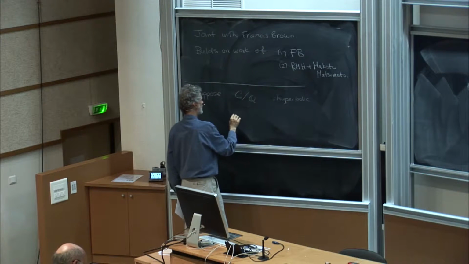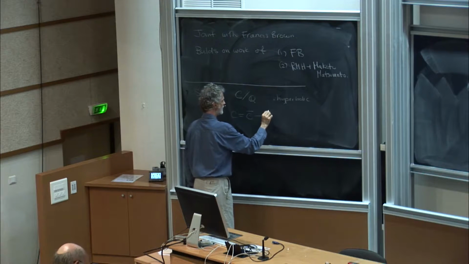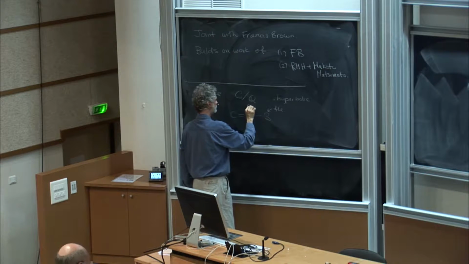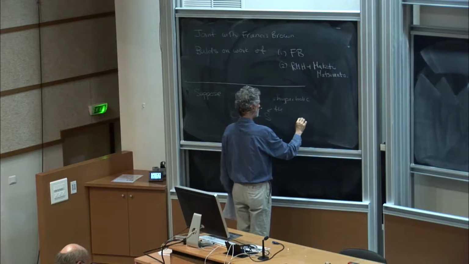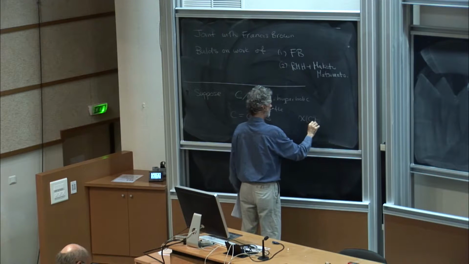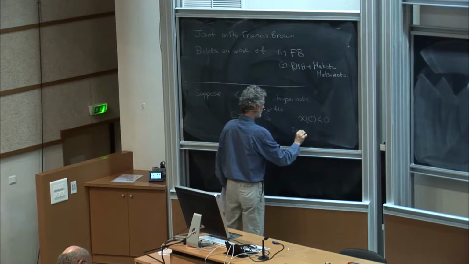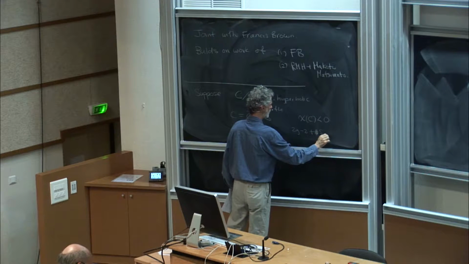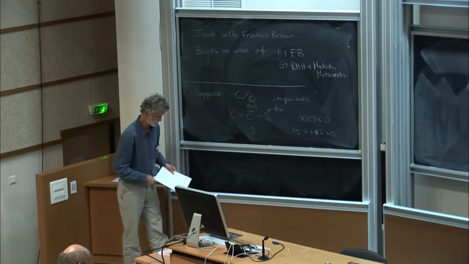By this I mean that C is going to be some smooth projective curve minus S, which is finite. And you have that the Euler characteristic of C is negative. So if this had genus G, you have 2G minus 2 plus the number of points in S is greater than 0. I'm counting the number of points in S geometrically.